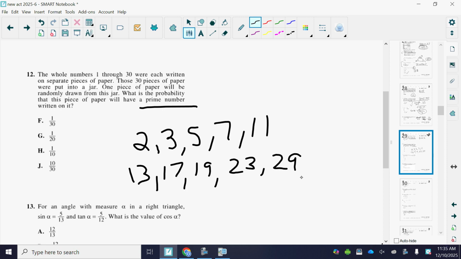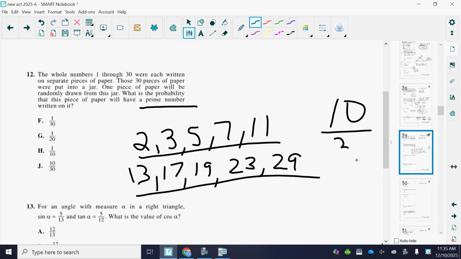So the probability that it'd be a prime number is 10 out of 30. Oh, but 10 out of 30 reduces, huh? Oh no, they don't make me reduce. There it is. So there's 10 primes.